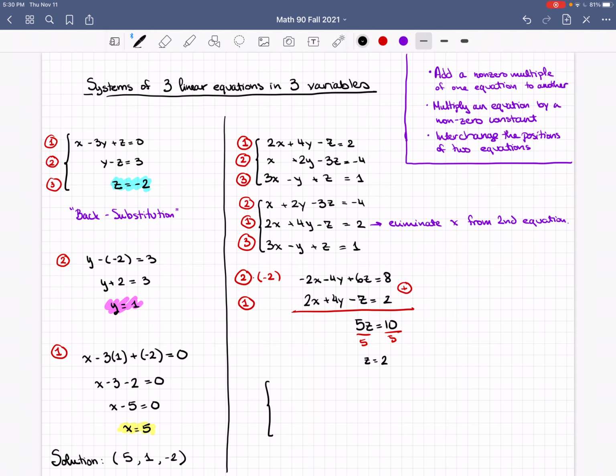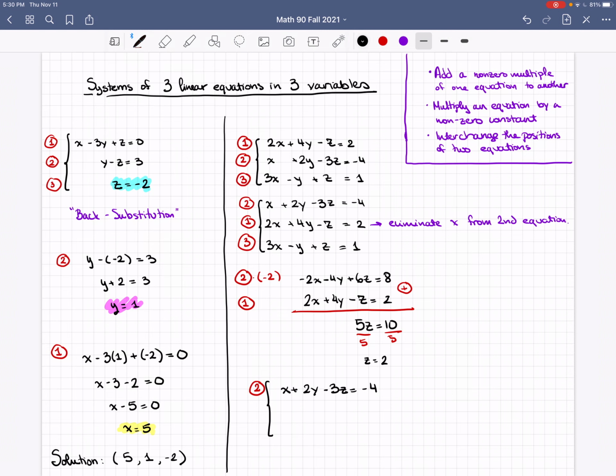So what I'm going to do now is, since I only want z by itself in the last equation, I'm going to once again interchange the positions of the equation that was in the middle and the equation that was on the bottom, leaving me with x plus 2y minus 3z is equal to -4. That's my original second equation.